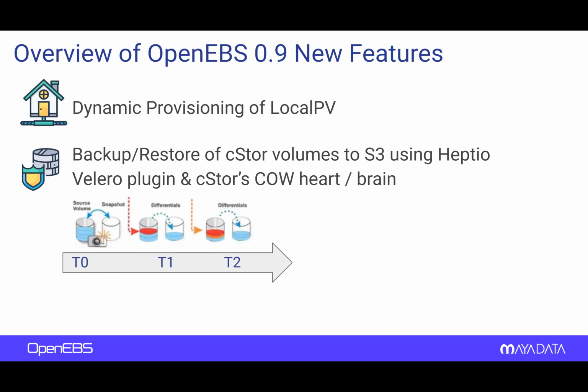So when you take a snapshot with a C-Store based engine for persistent volumes, your initial backup is a full size backup, and the additional backups after that point are differential, meaning that every time you take a snapshot and then a backup, they take less space. That means putting the backup into the S3 backend is going to be faster and will also take less space. They are very efficient.